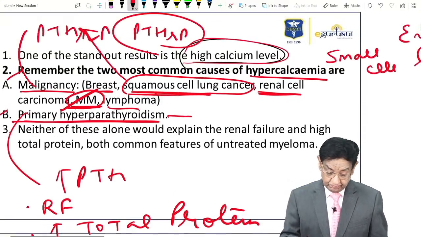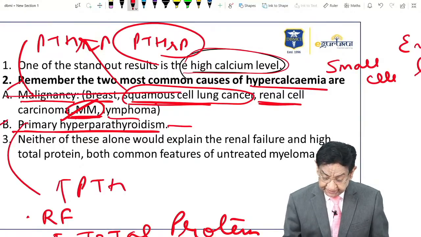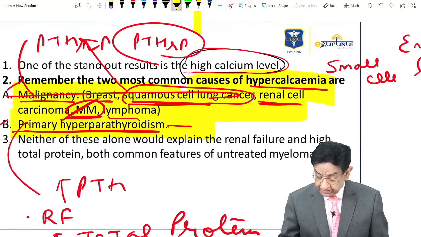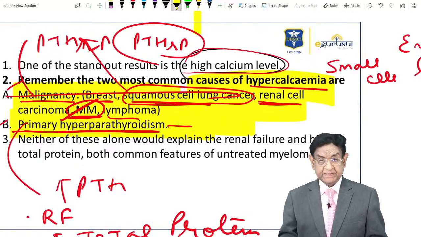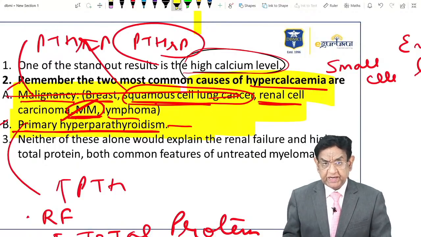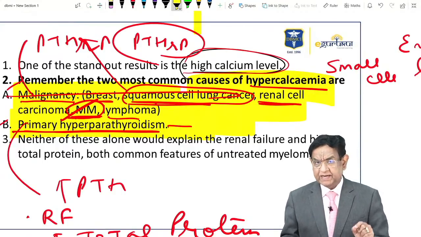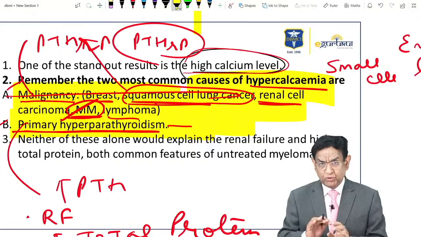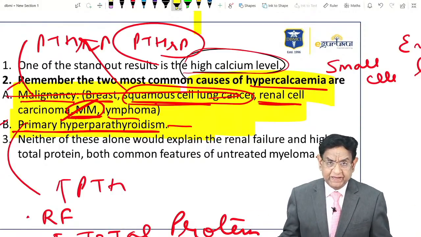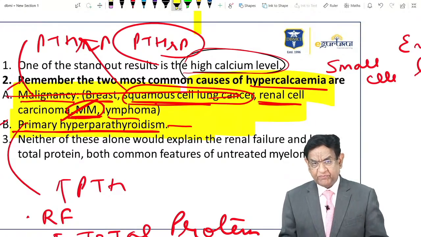All these other conditions can lead to hypercalcemia, which fits into the differential diagnosis of hypercalcemia. But there's only one condition which can lead to renal failure and especially increased total protein, and that is multiple myeloma, in no other condition. So we are very clear about it.